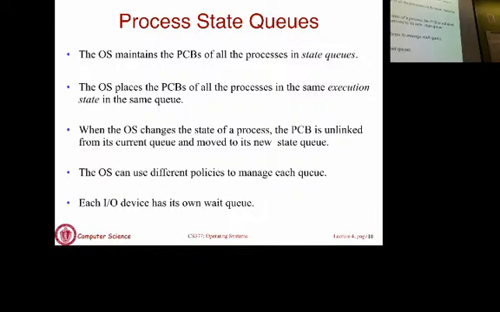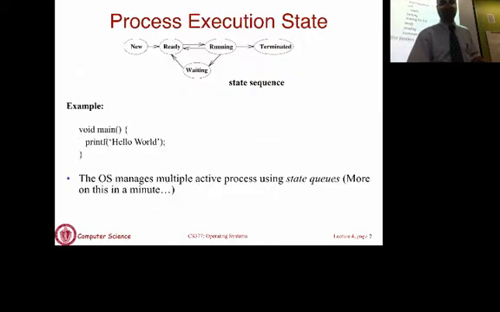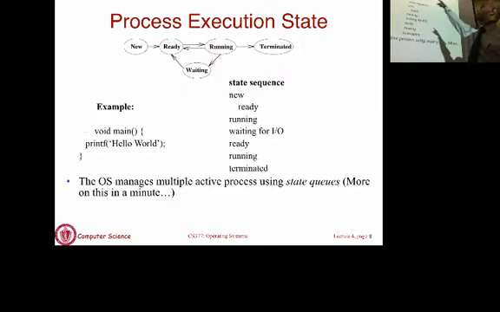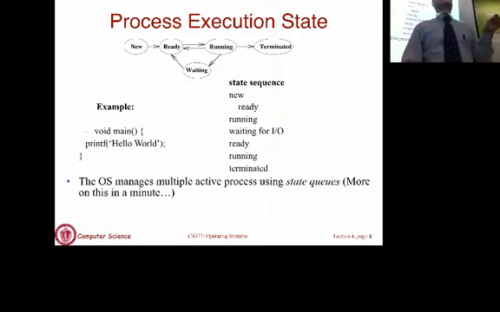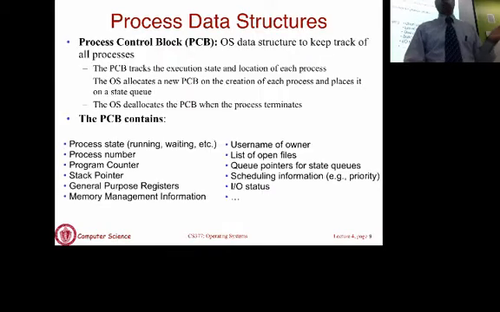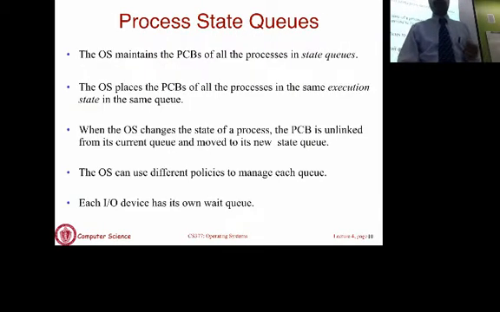So for each of those states that I showed you, think of it as having a list, and that list contains all the processes that are in that state at that instant in time. That allows the OS to track what processes are in what state at any given point in time.